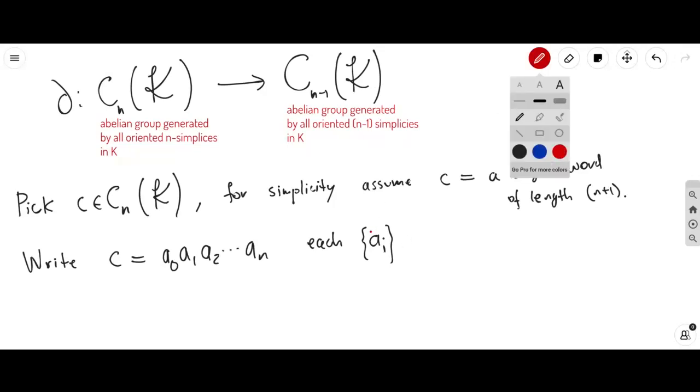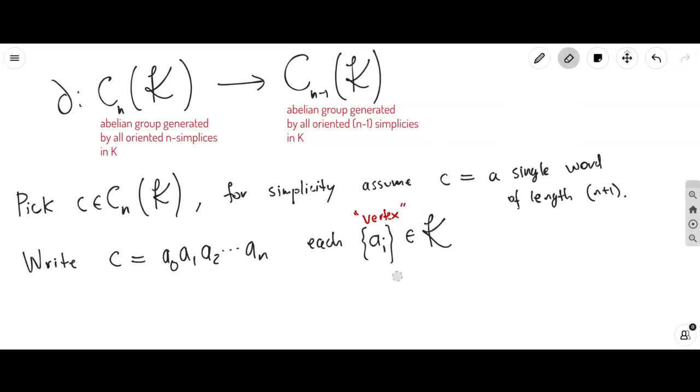Geometrically, we would think of that as a vertex that is in our complex, because the set containing all of these is in the complex, and so the subsets of the set are in the complex. In particular, every one of these singleton sets is in the complex, so you can think of these as the vertices in the complex. So let's say C, your oriented chain, is this.